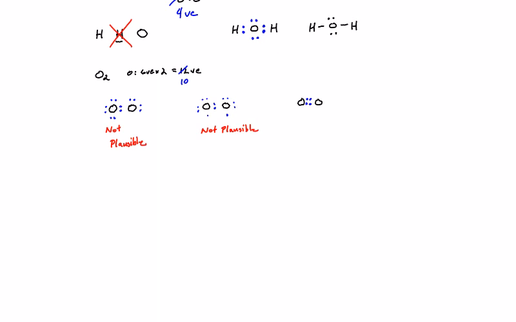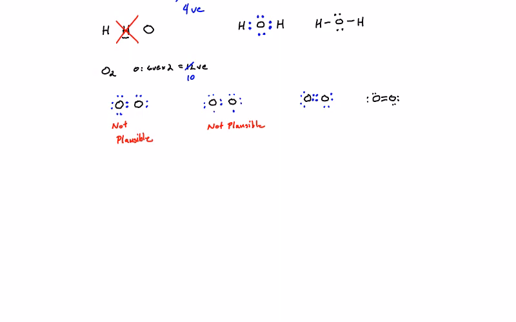If I do that, then the other 8 electrons, we go 1, 2, 3, 4, 5, 6, 7, 8. I'm going to draw this out using sticks here. Here we can see both oxygens have the double bond, or both oxygens are involved in 2 bonds. Both oxygens can also see a total of 8 electrons. So we've met the right number of valence electrons, and we have the right valency. So double bonds are a possibility.